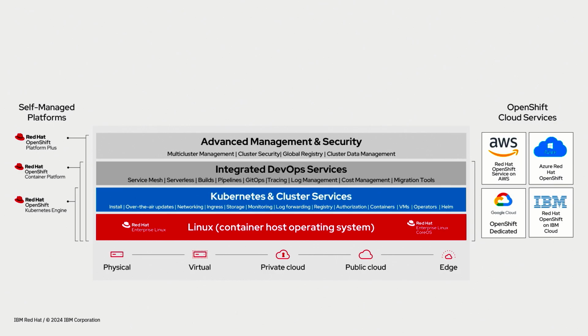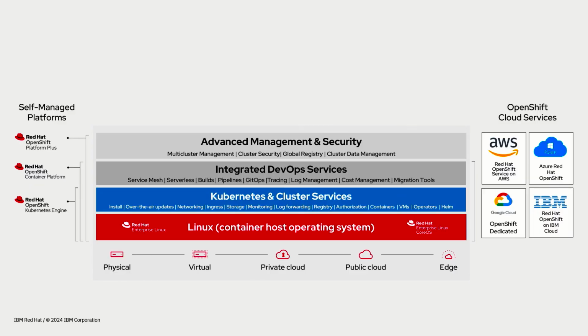That is if you only need to manage Kubernetes, things like over-the-air updates, networking, ingress, storage, monitoring, etc. Just the basic version of managing Kubernetes. Then, if you also need to incorporate developer services and DevOps services, like service mesh, serverless, GitOps, tracing, cost management, etc., then you have another version called Container Platform.